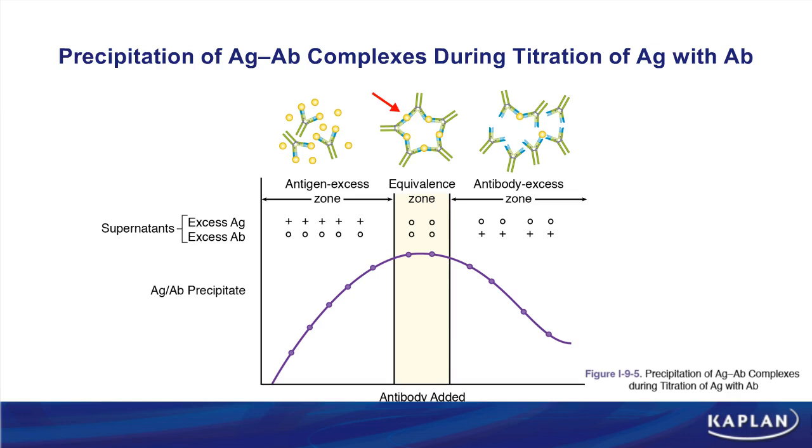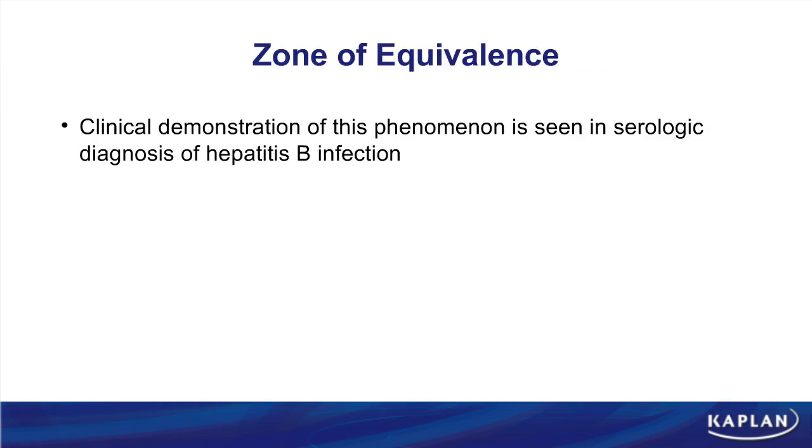In the next slides, we're going to highlight some important features of the zone of equivalence, and this is really going to become important when we take a look at the hepatitis B serology.